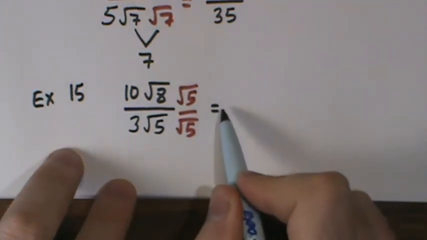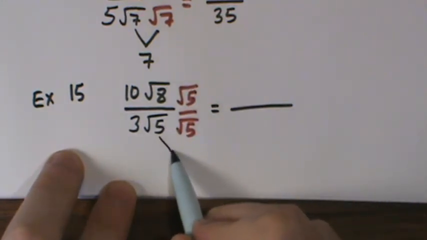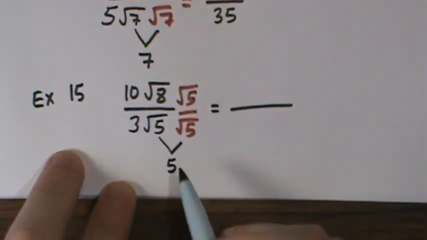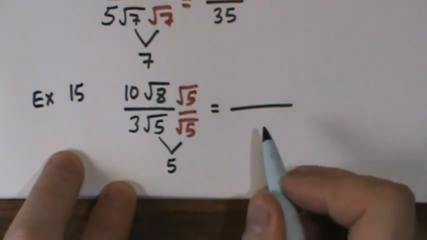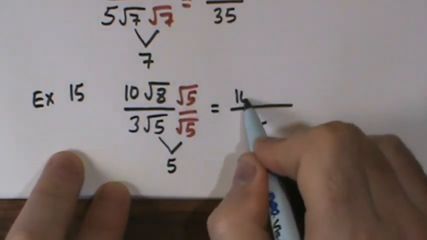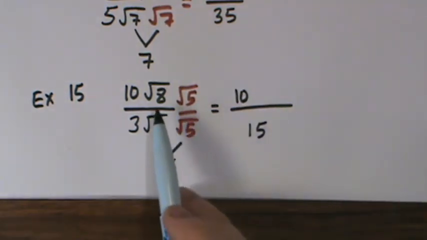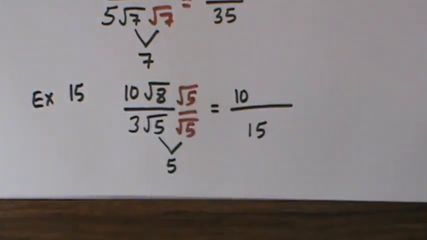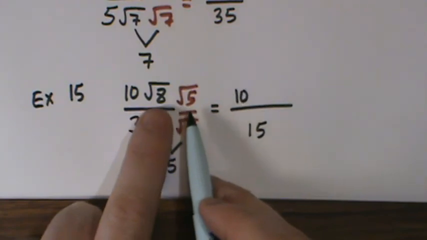In the bottom, rad 5 times rad 5 is a regular 5. 3 times 5 becomes 15. Upstairs I have this 10. And before I blindly multiply the rad 8 times the rad 5, if you were following in our previous lessons, I never just blindly multiply. I'm always looking for pairs.